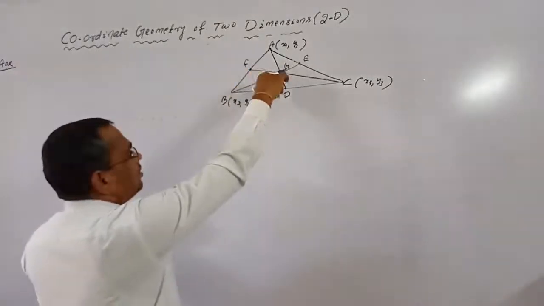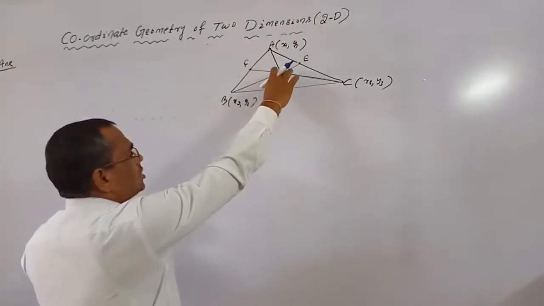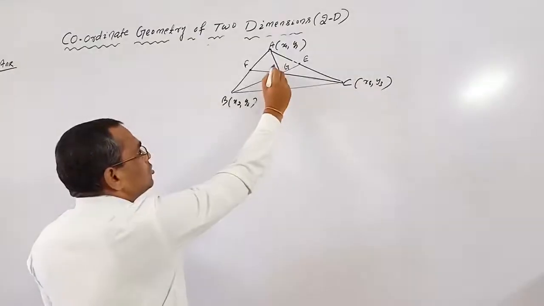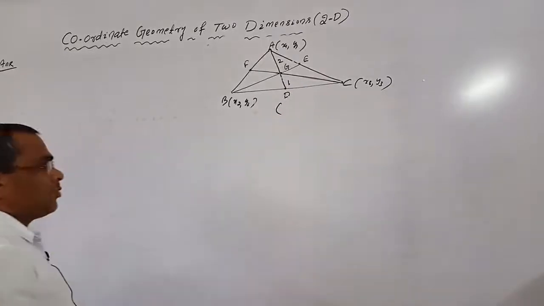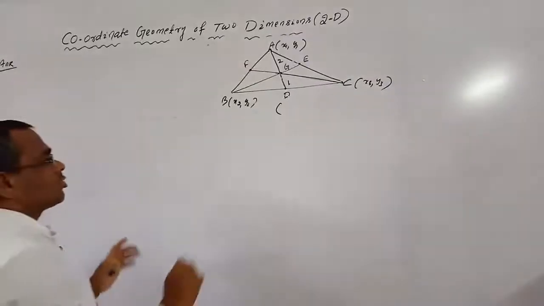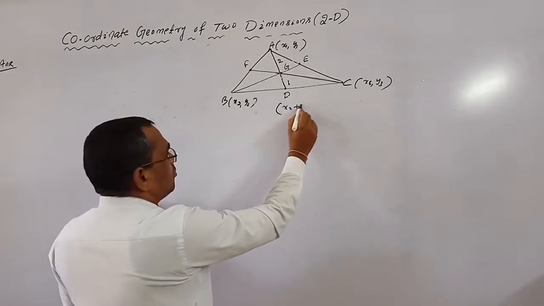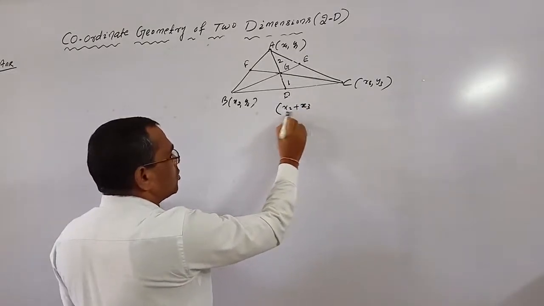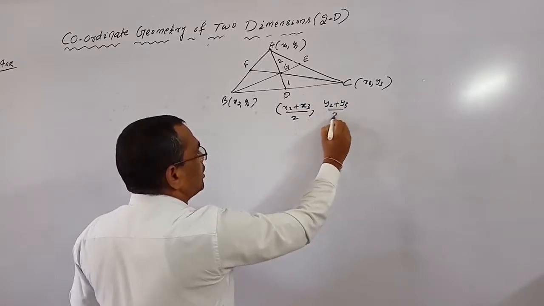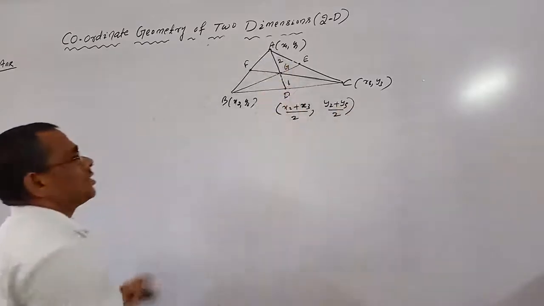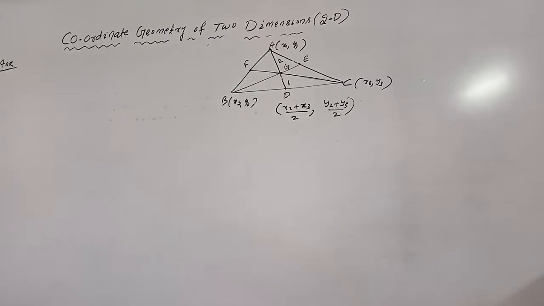Suppose AD is the median, so G divides AD in the ratio 2:1, and D is the midpoint of side BC, so its coordinate is (x2 plus x3) by 2, (y2 plus y3) by 2, and you apply the internal division formula to find the coordinate of G.